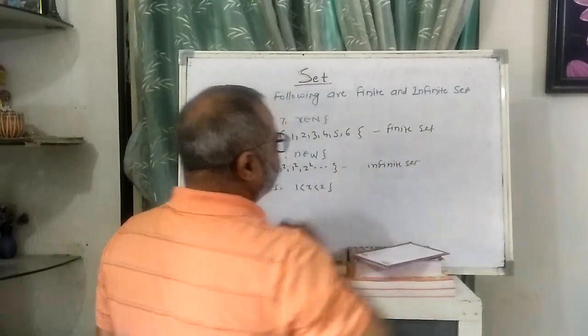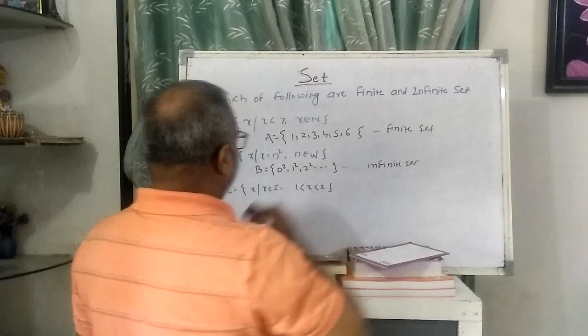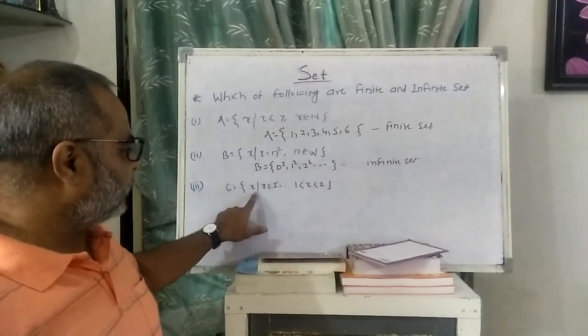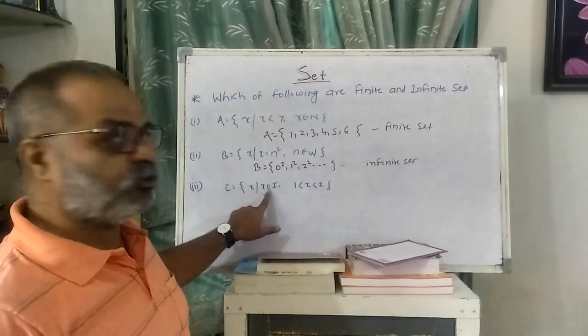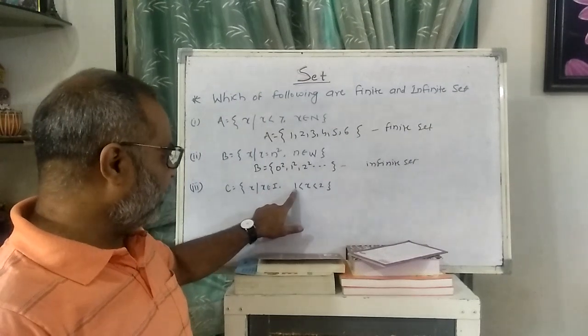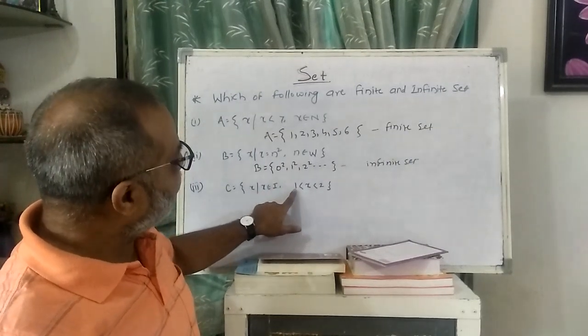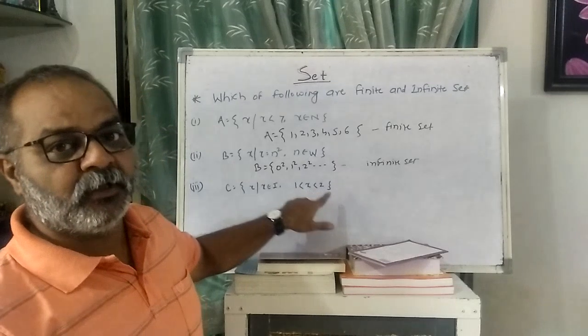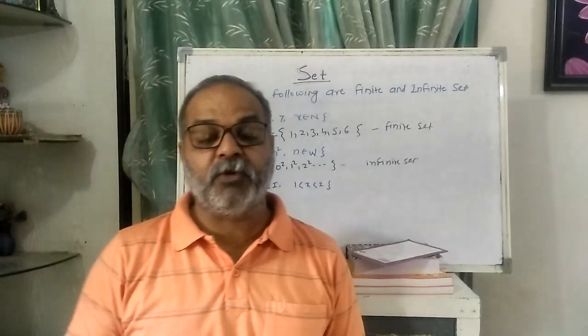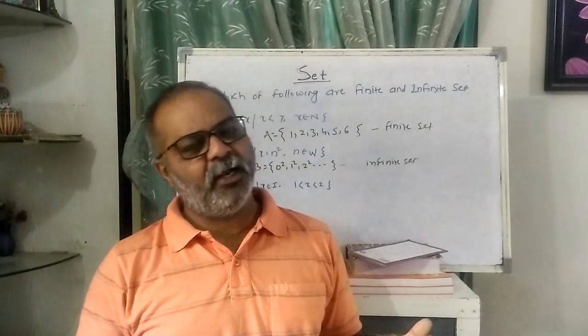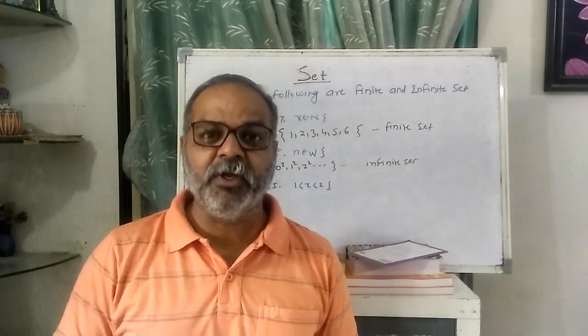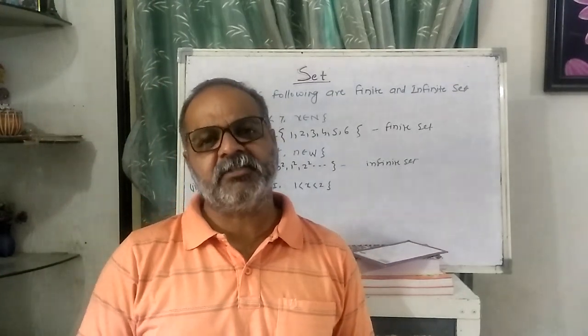Okay. Next. Here is C: x such that x belongs to integers, and 1 is less than x, less than 2. That means the value of x is between 1 and 2. So how many numbers are present between 1 and 2? Infinite numbers.